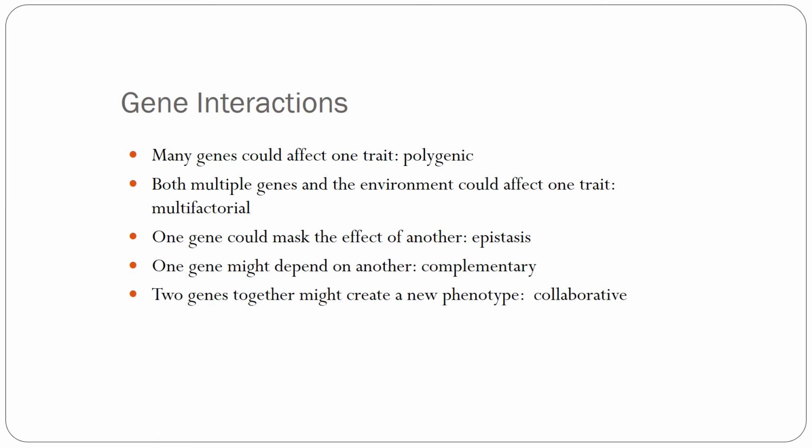When one gene masks the effect of another one, that's epistasis. Basically, if you have one gene, the other one will never express. When genes depend on each other, when they work collaboratively, we talk about complementary work. Two genes together may work and create a new phenotype, and we call this collaborative.